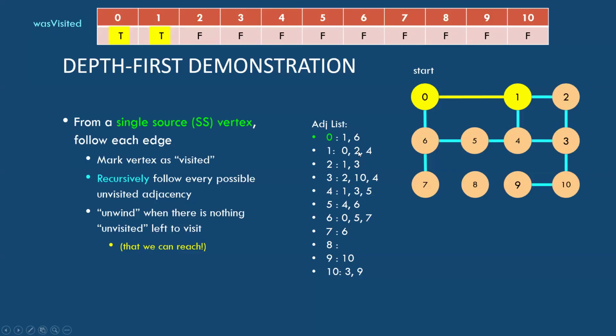We just went to the 2, right? Because the 0 was already visited. I don't want to go ping pong in between 0 and 1 forever, right? So I'm going to skip anybody in my adjacency list who's been visited, recursively go to the 2, mark it as visited, and continue with its recursive traversal, right?